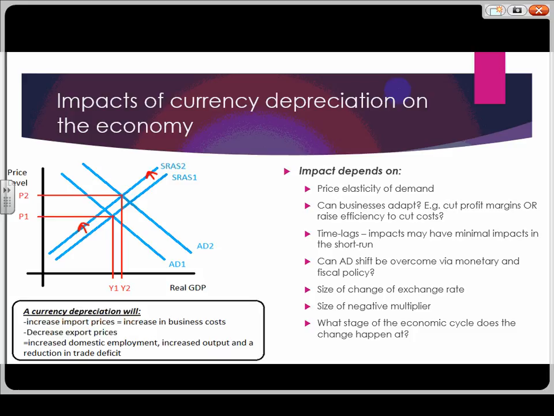When firms produce in the UK, they often need semi-finished goods, components or commodities from other economies. If they've got to sacrifice more pounds to buy the same amount of foreign currency, these imports become more expensive. So this will create cost-push inflation in the UK economy.